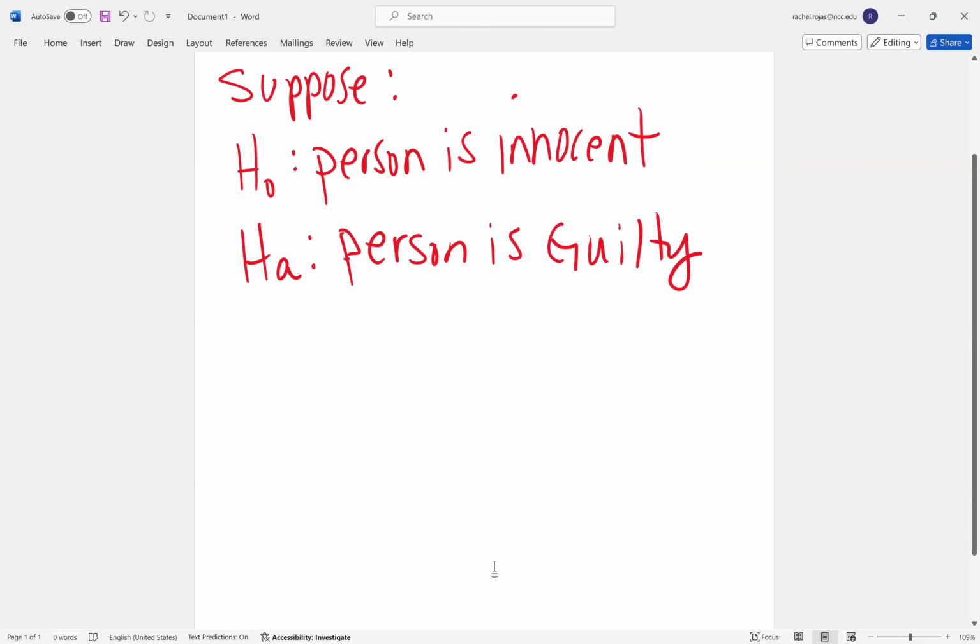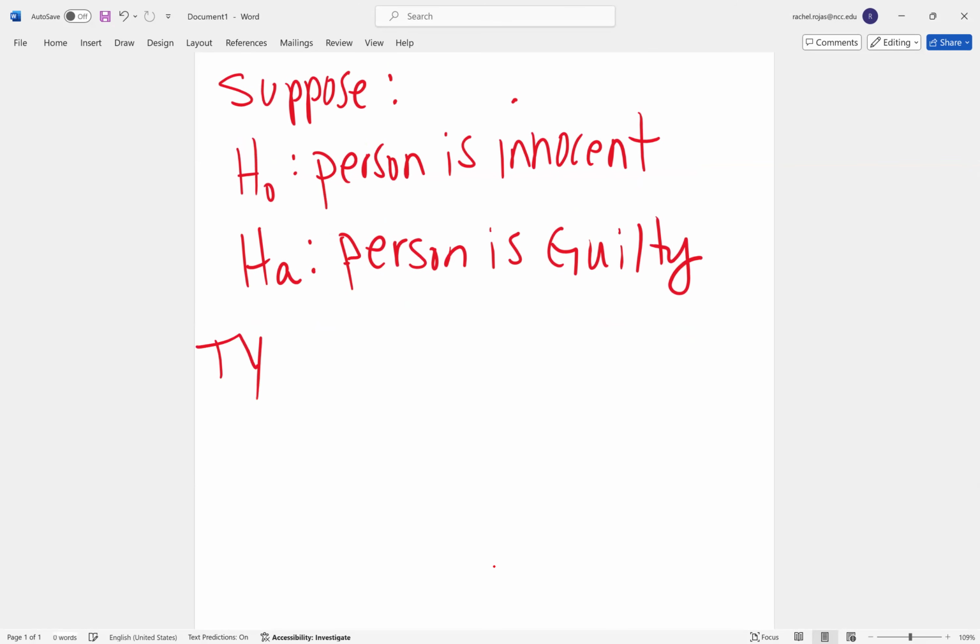So what would a type 1 error be? So that would be if we were to reject the null when it's true. So rejecting the null would be going against innocence and going with guilt when the null was really true, when the person was really innocent, right?